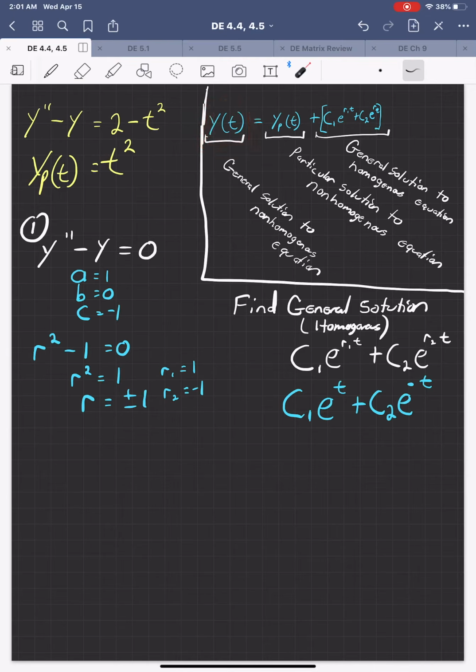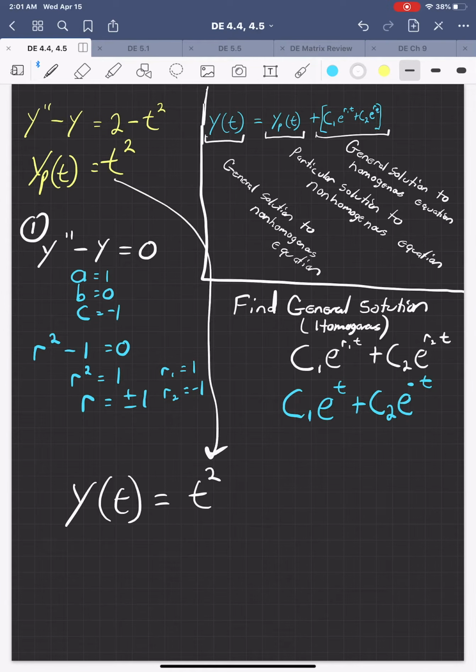So this is the general solution that I want, the one to the non-homogeneous equation. And I can get that as long as I have a particular solution, which I do, plus the general solution to the homogeneous form. So simple enough, this y of t, the general solution, is going to be the particular solution, which was t squared, plus the general solution to the homogeneous form.